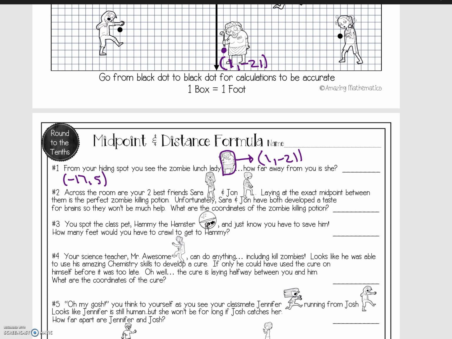I don't have space to write it, but when you do it on the work, you're going to be doing the distance formula. So I'm going to give you little hints here. This one, we use the distance formula. I'm just going to put D for distance. For the next one, I keep writing everywhere, sorry you guys.